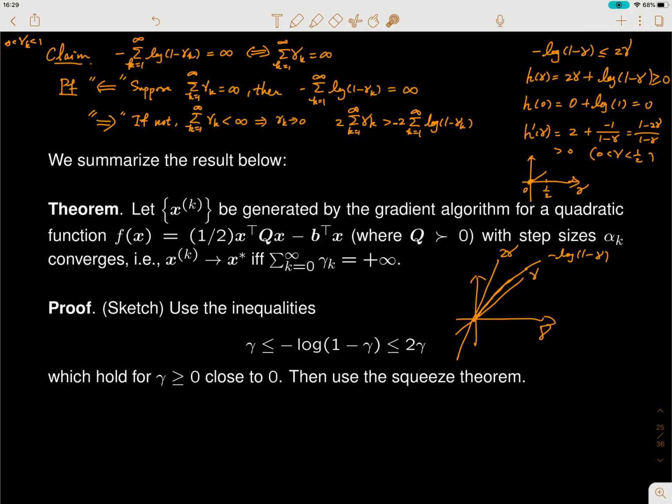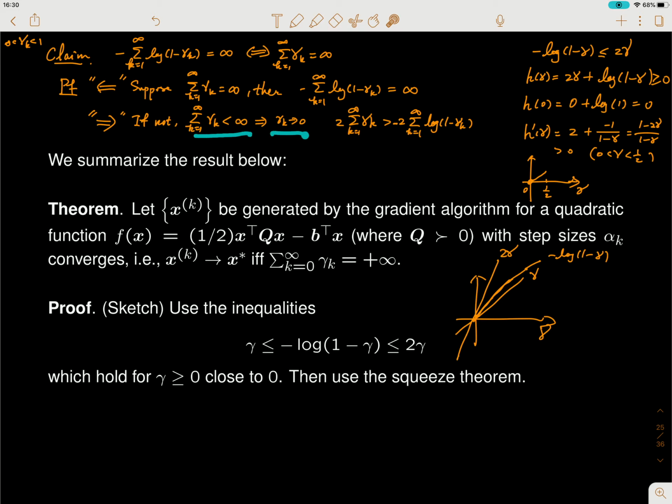You may ask: what if at the beginning, when k is not that large, gamma k is larger than 1/2, in which case we do not have this greater than 0? Well, remember this doesn't matter, because we know that the sum is bounded, which means gamma k will go to 0 eventually.